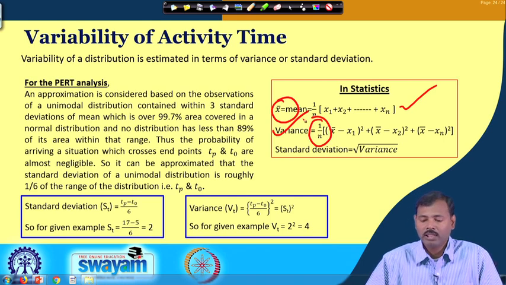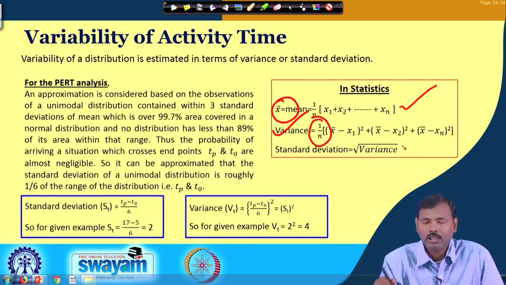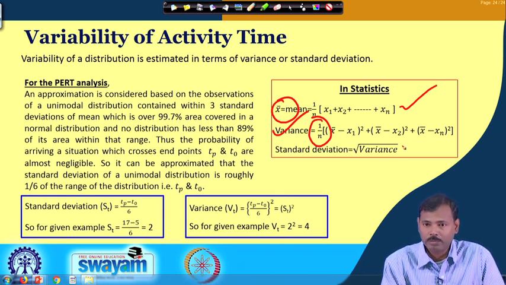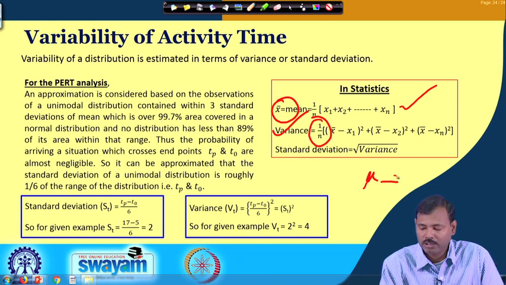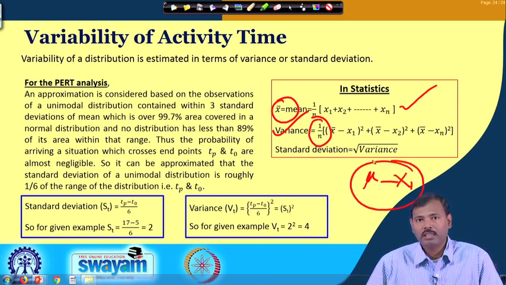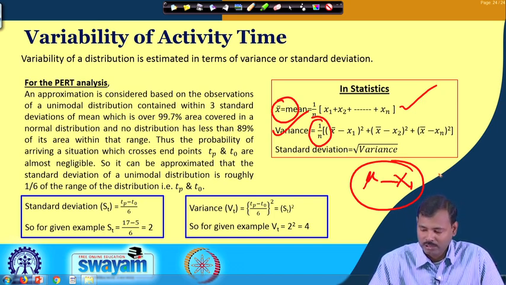The variance is calculated using this formula, where observations minus the mean are squared, and the sum of those squares divided by the number of observations gives you the variance, and the standard deviation is obtained by the square root of the variance. So basically the concept is that we get the mean value, and from there the observations are deducted. Whatever variation is observed, we sum them by squaring them.